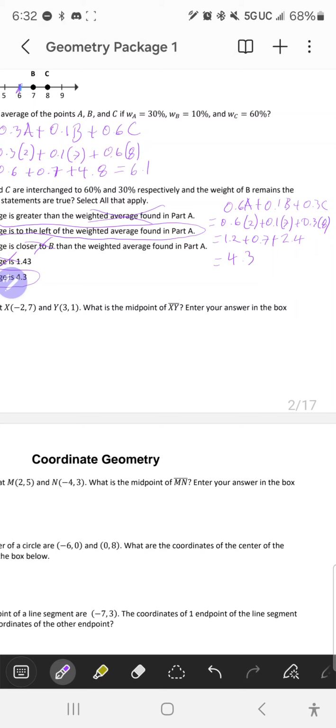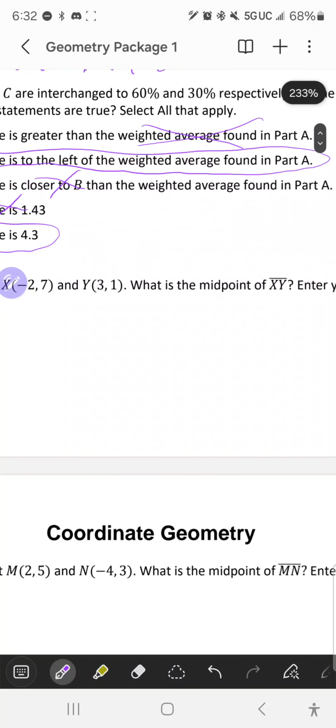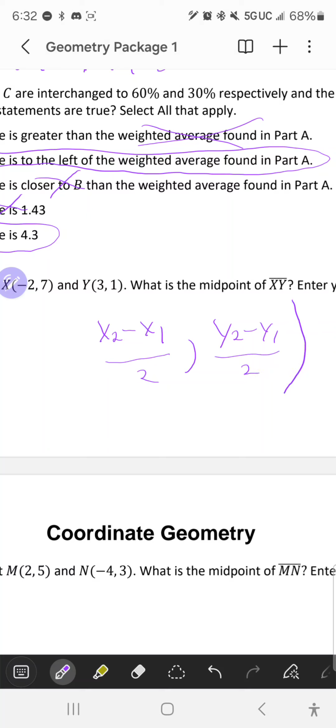But just in case, the midpoint formula is always going to be x2 plus x1 divided by 2, comma, y2 plus y1 divided by 2. And this is going to give you the new coordinate for the point.